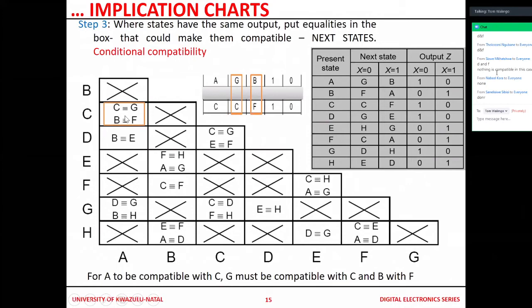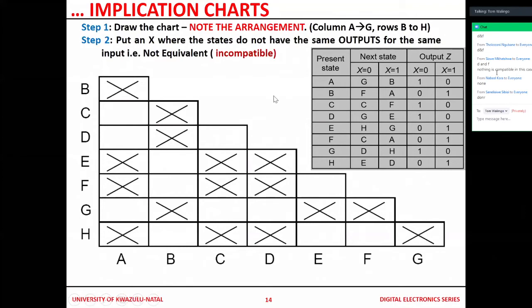Fill it in yourself. For A and C the outputs are okay: 1, 0, 1, 1. We have dealt with this. There is no X. But for them to be compatible, B should be compatible to F, and G should be compatible to C. So put CG here, FB or BF, it doesn't matter.